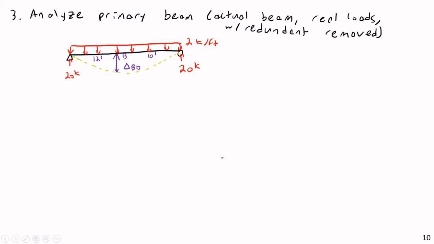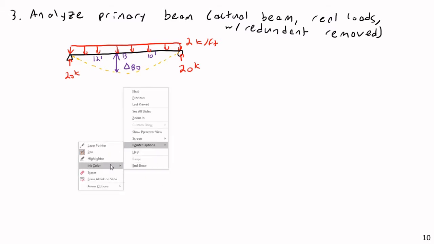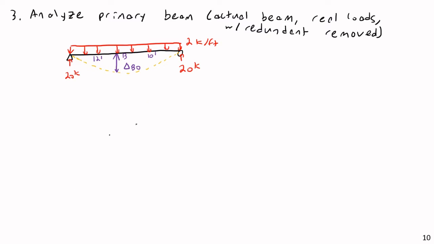Now we could do this a number of ways. We could do all this by integration, but the nice thing about this being a simply supported beam, and the reason I chose to use that as the redundant, is that this is a very common support condition, which means I don't need to rederive the formulas. We've already looked at how to derive deflection formulas.